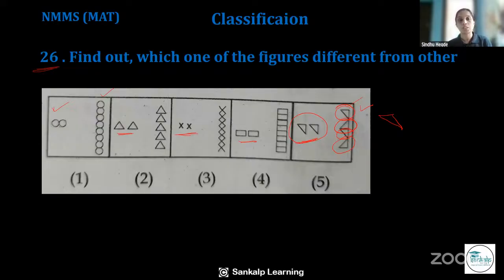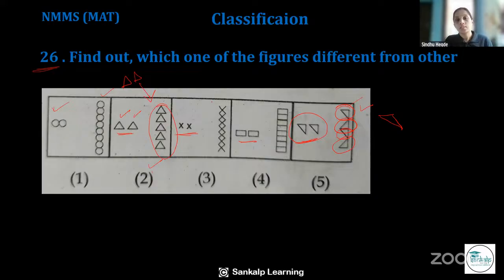This first figure contains circles. Each circle on the right side is touching or connected to one another in a similar way. In image 2 also, on the left side the triangle is in this shape, and on the right side all the triangles are connected to each other with the same shape as given on the left.